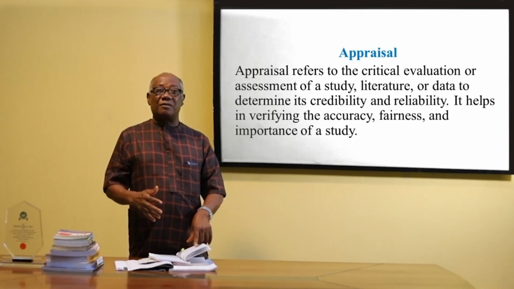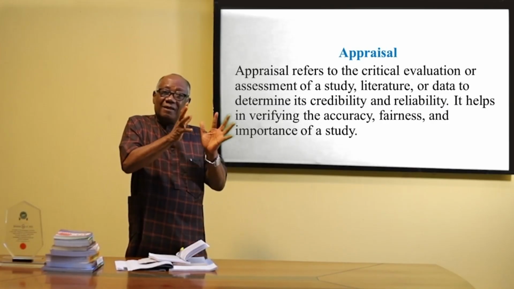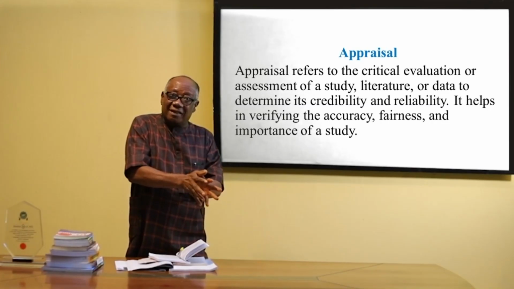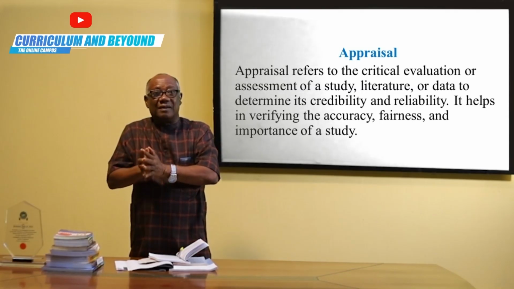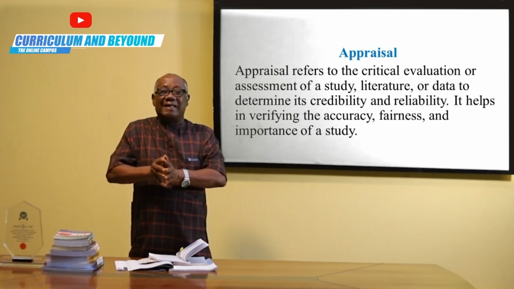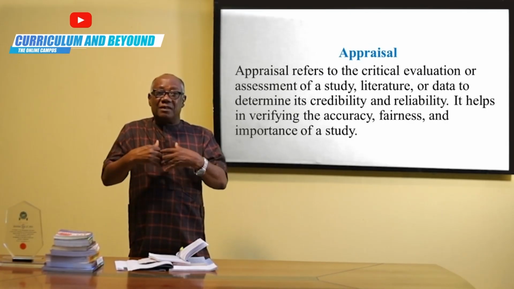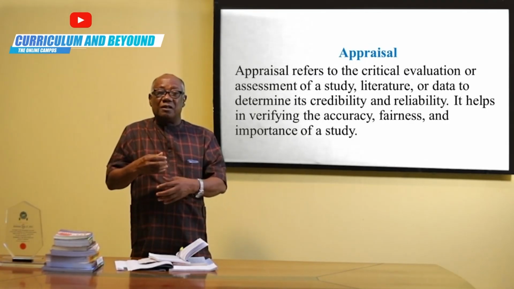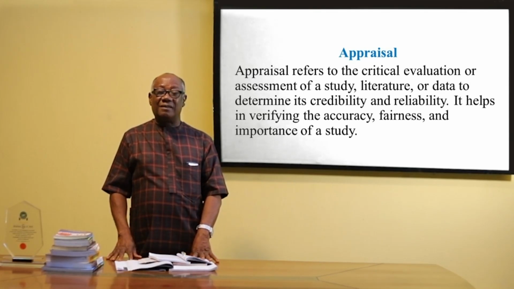So you will tell us what related authors have found in the problem you are investigating and what they have not found. That aspect that they have not touched constitutes the gap in literature, which makes your study very, very germane.